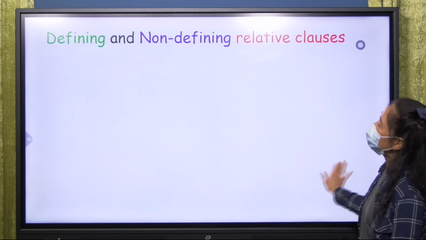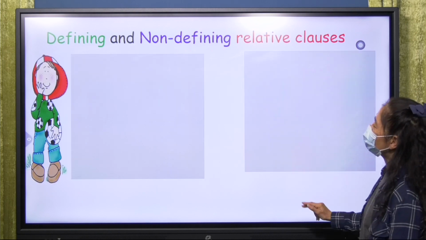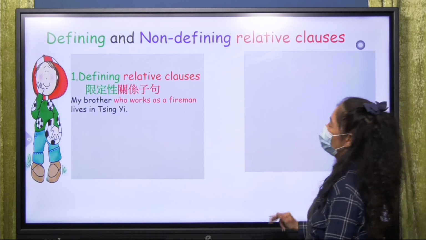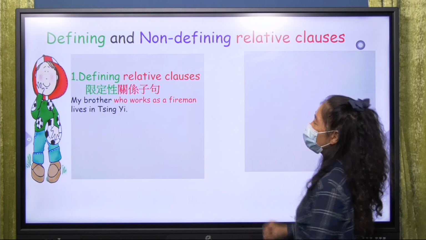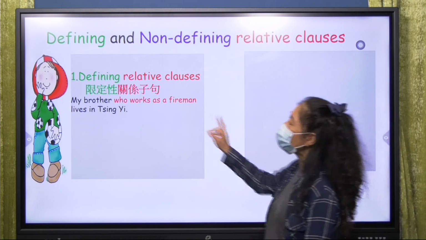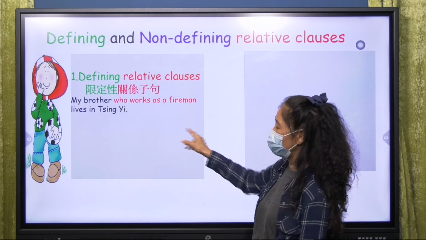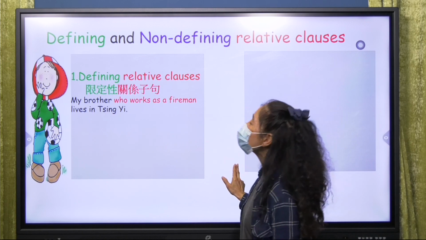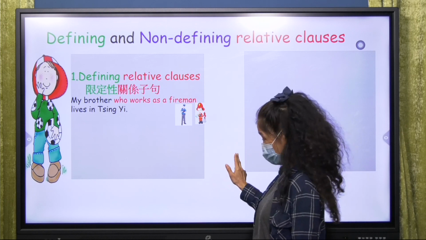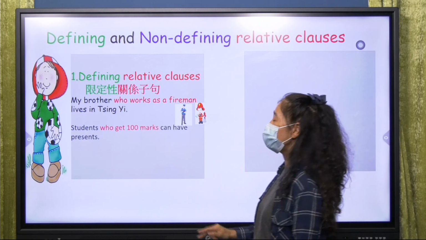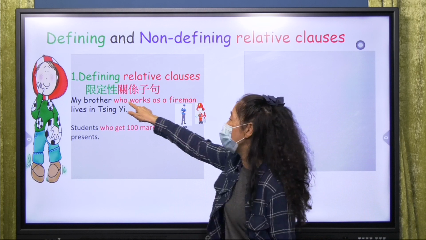So, now, defining and non-defining relative clauses. Okay, we have a quick look. Put these two relative clauses together. Now, in defining relative clauses, the first example, my brother who works as a fireman, because you have two brothers, you have to give very important information. This is essential information.